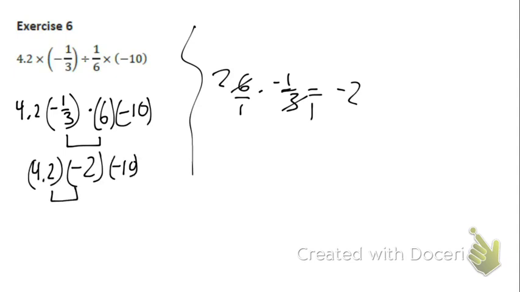Right here, we can multiply these two, but I actually want to multiply 4.2 times negative 10 because, remember, multiplying by 10 makes anything really easy. All I'm doing here is I got to move the decimal over by 1 to the right, I get positive 42. But remember, positive times a negative is negative. So negative 42 times negative 2. I guess you get positive 84.